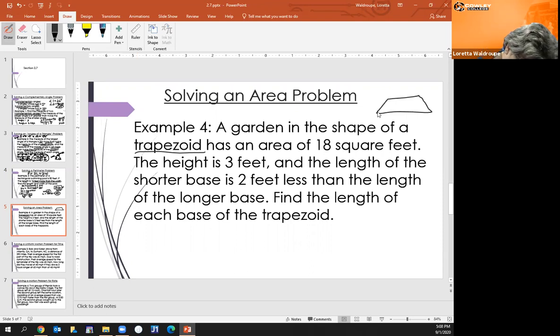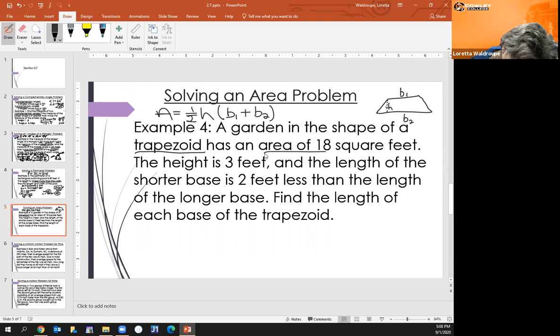And the formula for the area of a trapezoid is area equals 1/2 H times base 1 plus base 2. You have a base here, you have a base here, and right here, you have your height.